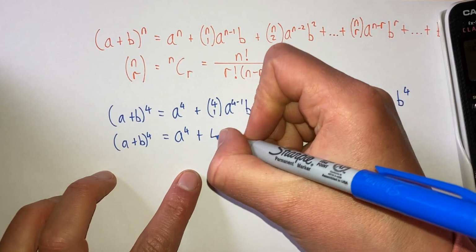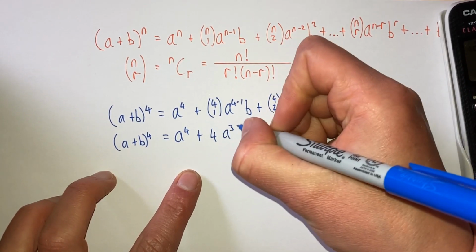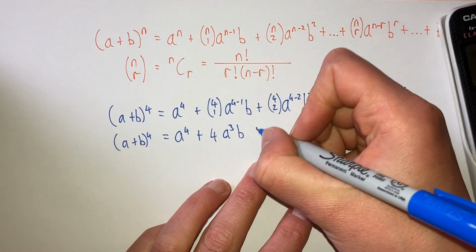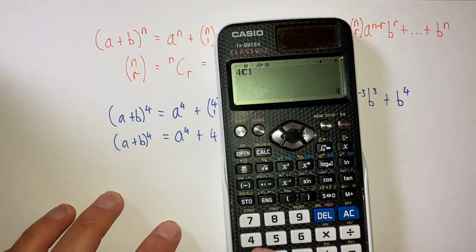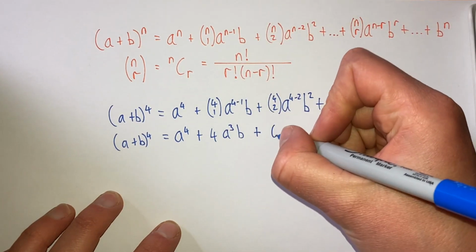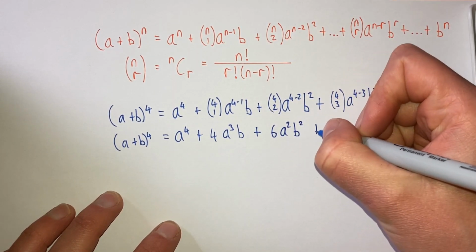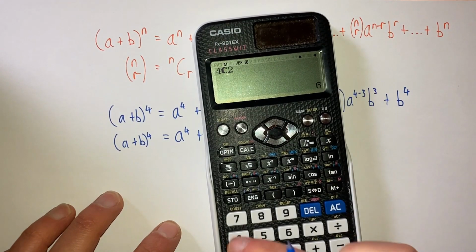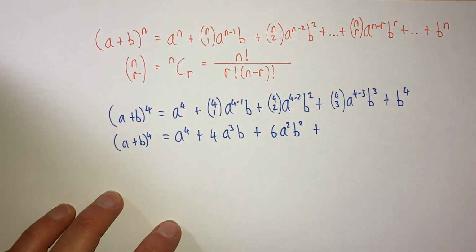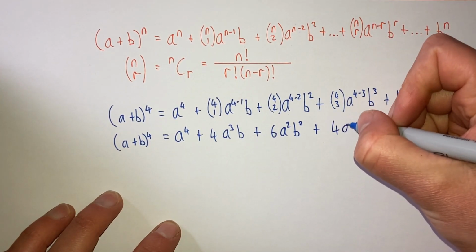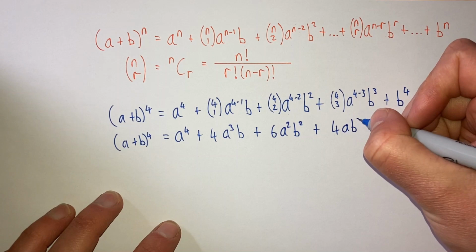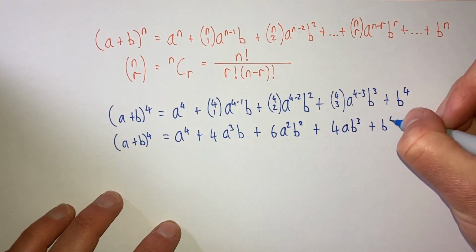So here I have 4a to the 3 b, plus, calculator again, 4 shift, get that C, 2, it's coming up as 6. So here I have 6a squared b squared, plus 4C3, 4 shift, press that button again, 3, I'm getting 4. So it's going to be 4a b cubed, plus b to the 4.